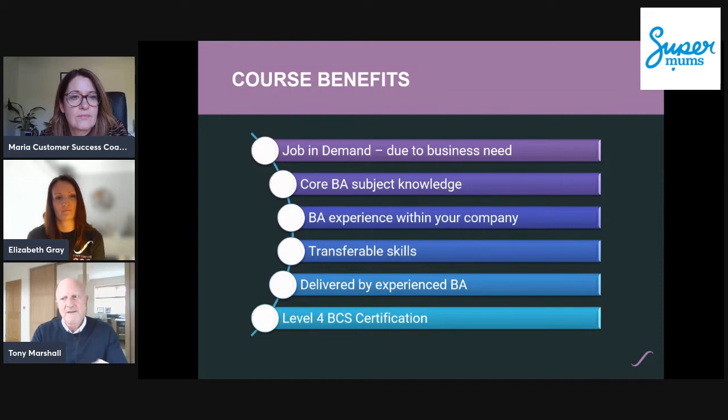I think the other aspect, in terms of what the program brings to the table, is that along with the BA side, there are also some Salesforce accreditations incorporated within the program. So it has that added value for anybody that wants to come on the program. They get a choice of 2 funded certificates within the program delivery.